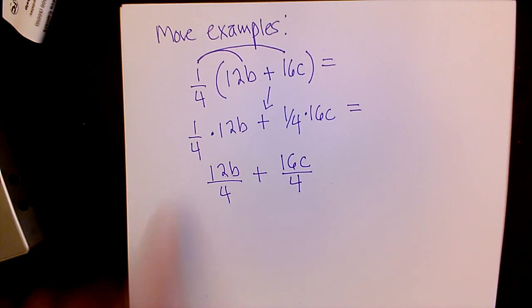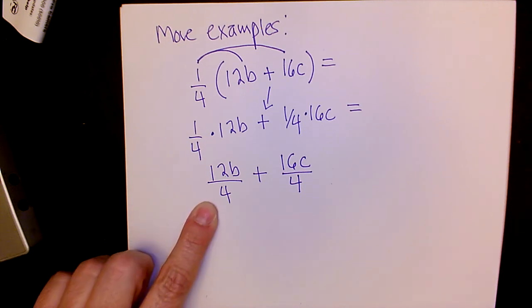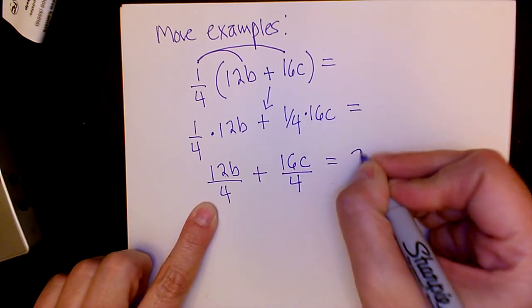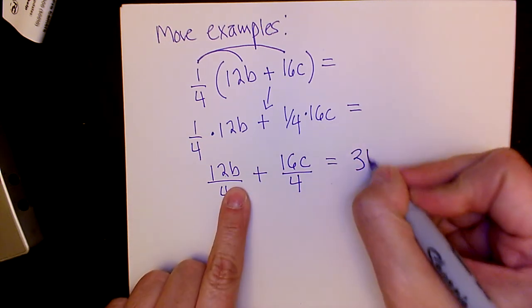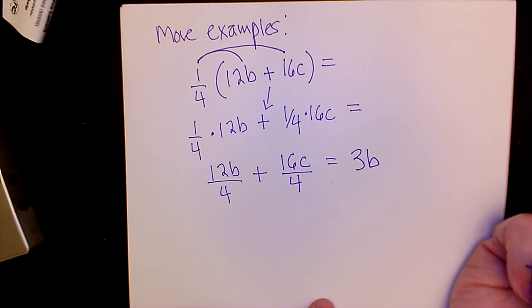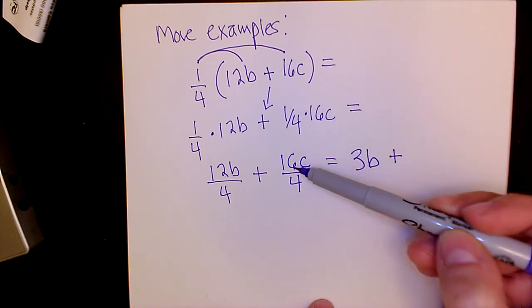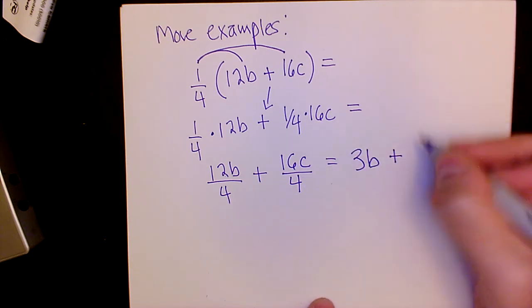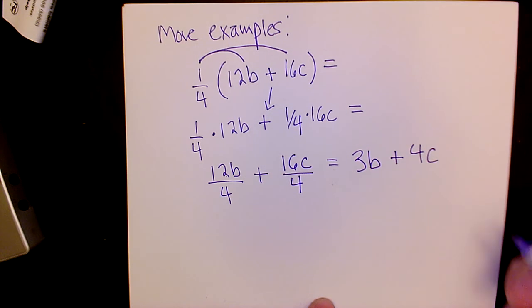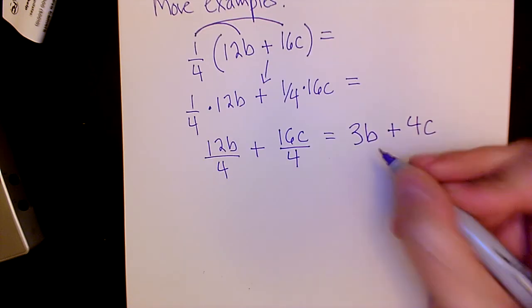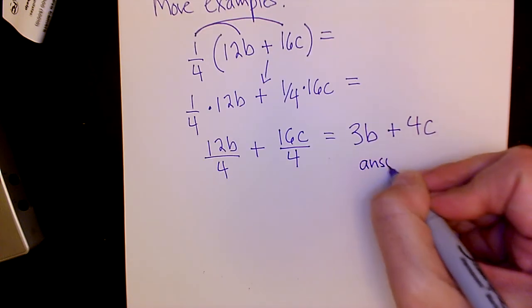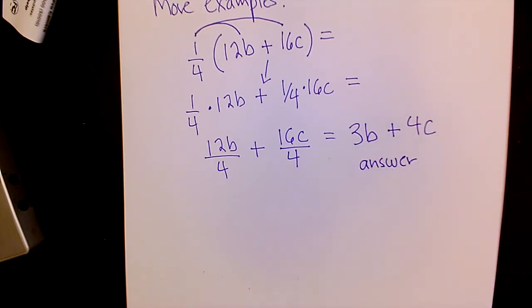What's 12 divided by 4? Well, that's 3, and then b just comes with it. And then what's 16 divided by 4? That's 4, and the c comes with it. So my answer is 3b plus 4c.